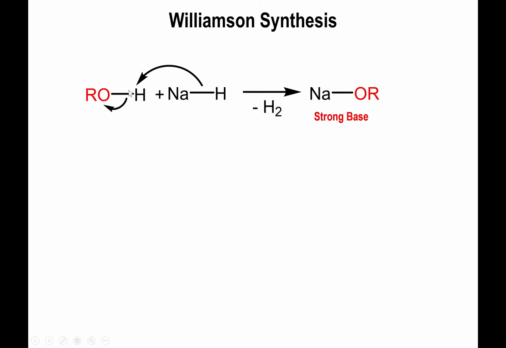Now, even though the alkoxide is a weaker base than hydride, it is still considered a strong base. And the reason why you have to keep that in mind is because when you're trying to synthesize an ether using an alkoxide, which is technically this Williamson synthesis, you're relying on the idea that this is going to go via an SN2 reaction. But if your carbon is too substituted, you will not be able to do that SN2 reaction.